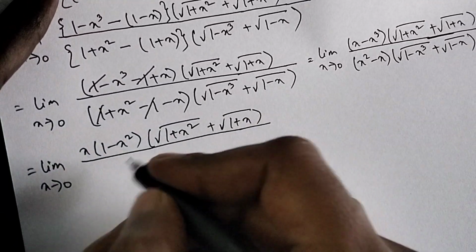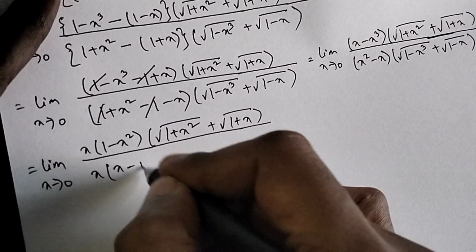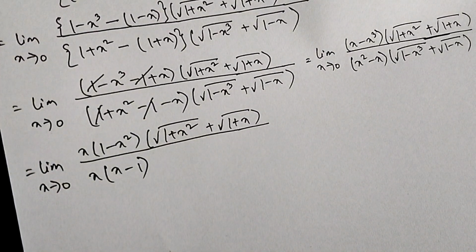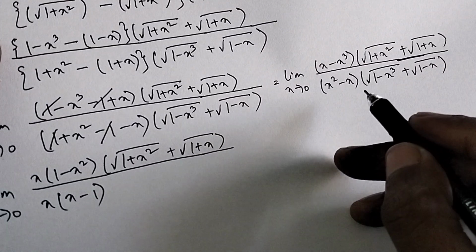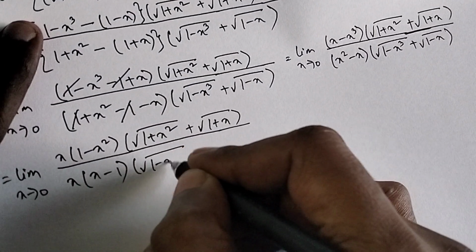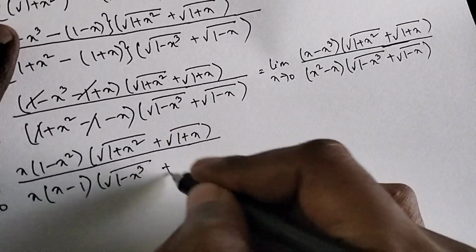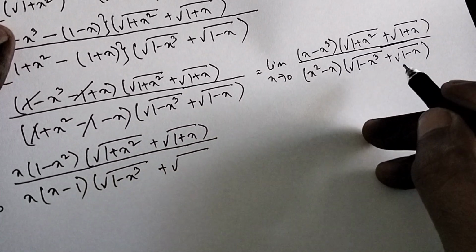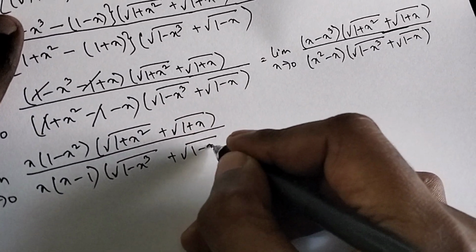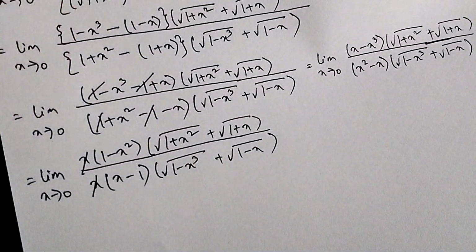Here I can take x common, x into x minus 1, under root 1 minus x cube plus under root 1 minus x. So now x will cancel each other.